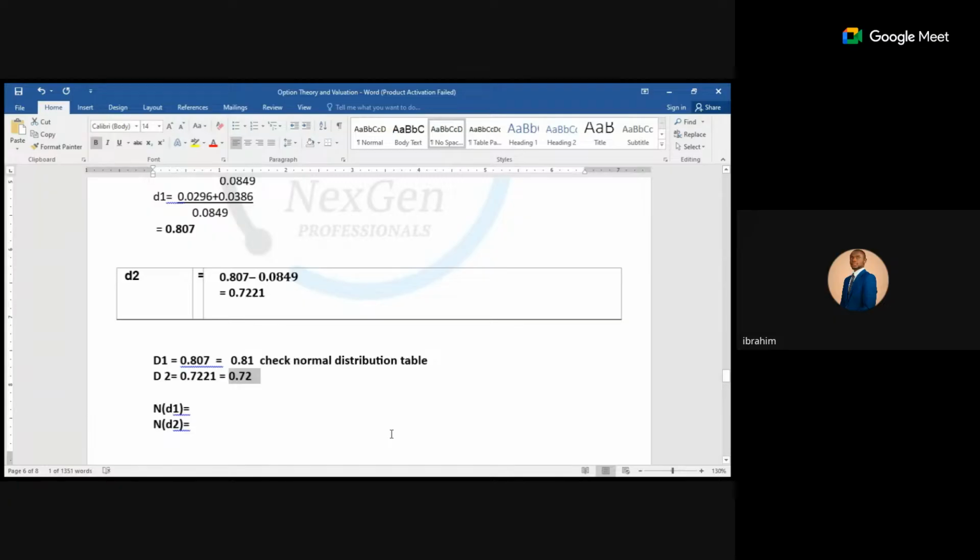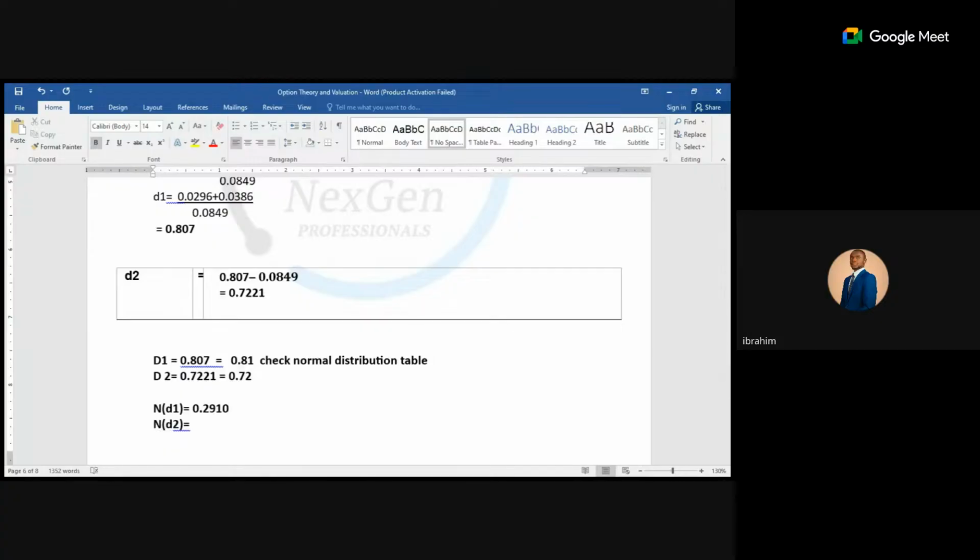Please quickly, class. Can we check it now? The first one is 0.8 under 1. The second one is 0.7 under 2. 0.8 under 1, what do you have? 0.2910.